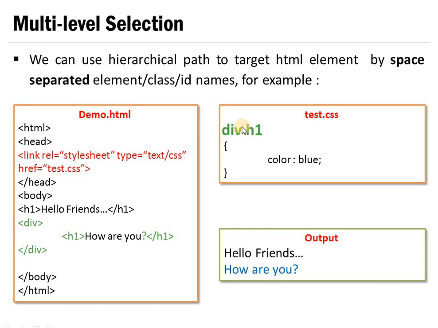What will happen? This will be applicable to all your HTML tags. Universal means applicable to all. That was the universal selector. I will show you with output in my practical session, so just wait for it.